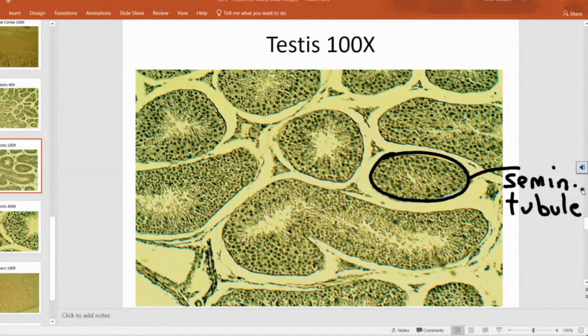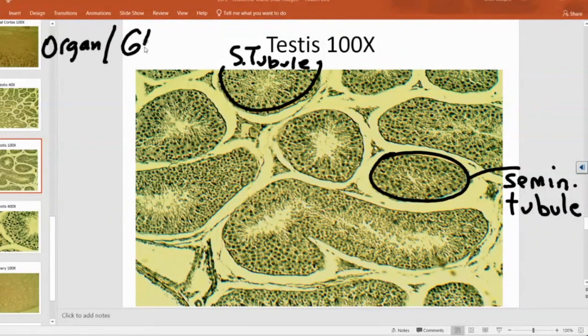Seminiferous tubule. That little structure is one of those tubes. Okay, what is this right here? Seminiferous tubule. Remember, it's the entire organ or gland that is what? Yeah, the testes.